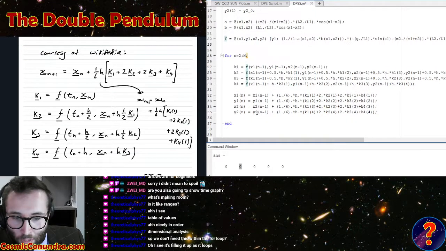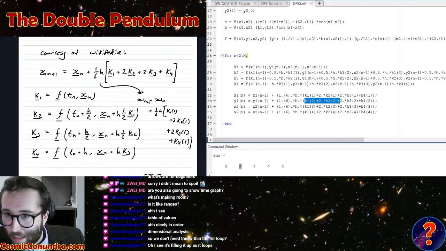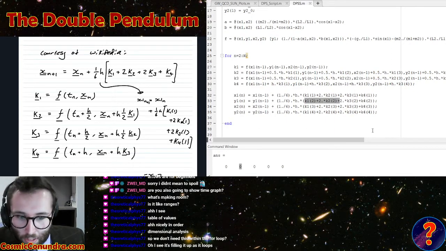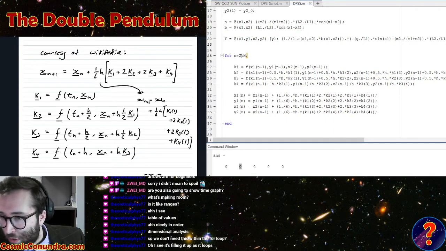Exactly. So for n is 2, it will say the second element of x1 is equal to the first element of x1, plus the k1s it just calculated, and the k2s and so on, all in this standard formula for the RK4 method. Then it will move on to n equals 3, and fill up the third element of x1, y1, x2, y2, and so on.